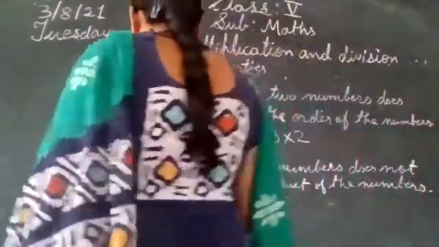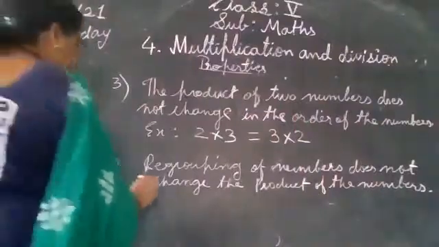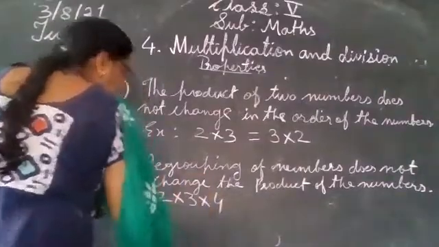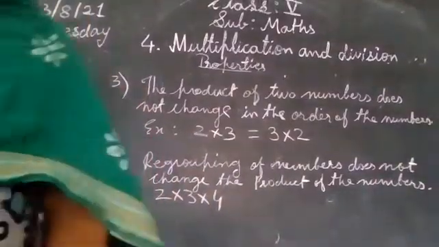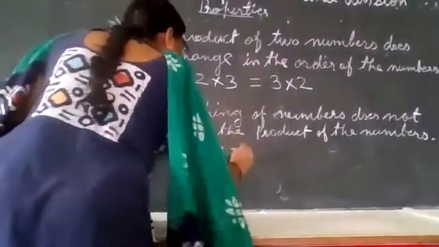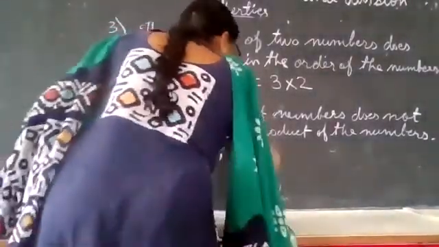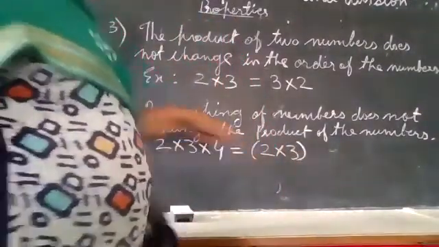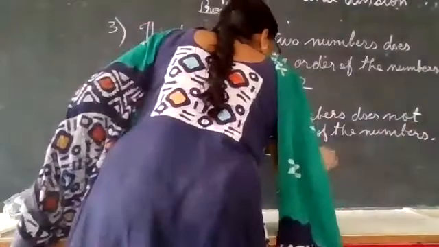For example, see, beta, if you multiply 3 numbers, 2 multiplied by 3 multiplied by 4. Okay, so you can regroup it. Means first you multiply 2 multiplied by 3, and whatever the product, you multiply by 4.